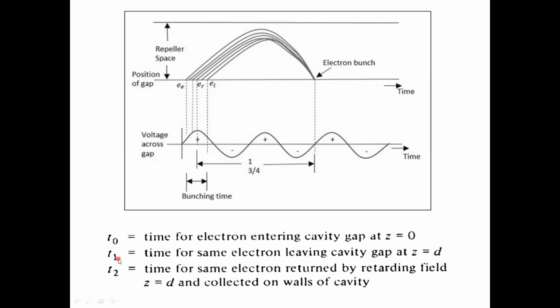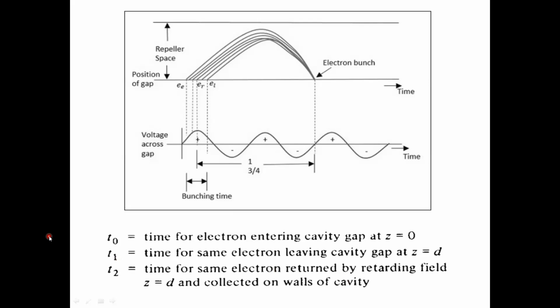Finally, when repulsive forces are acting, the time required for the same electron to be returned by the retarding field and collected by the cavity equals T2. So here three timing parameters are mentioned, the first being the initial one without any action.